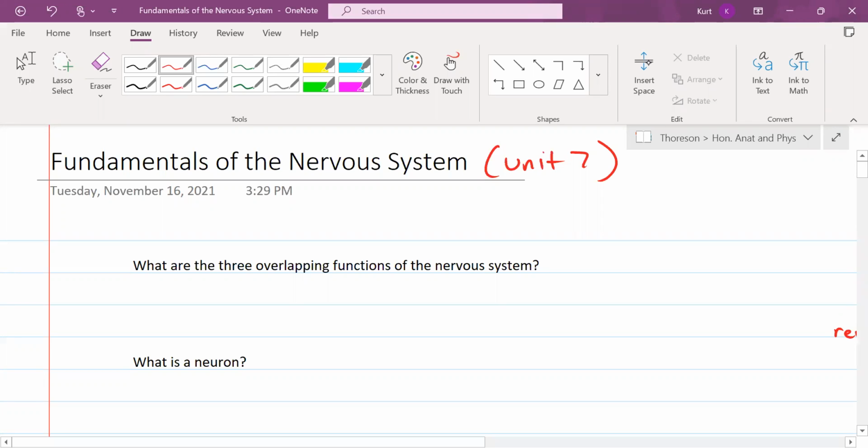What are the three overlapping functions of the nervous system? We have sensory, we have integration, and we have motor.